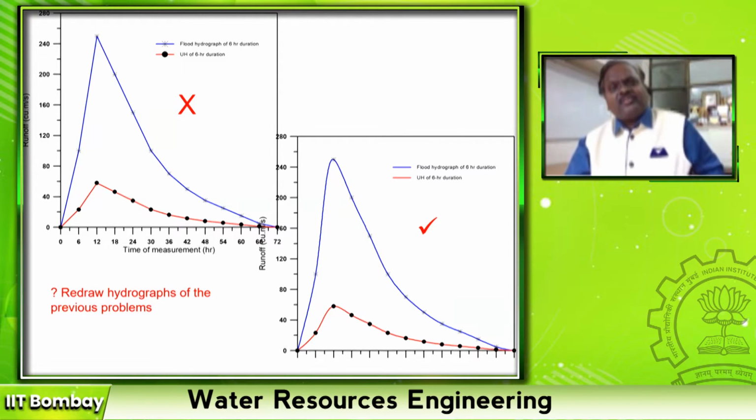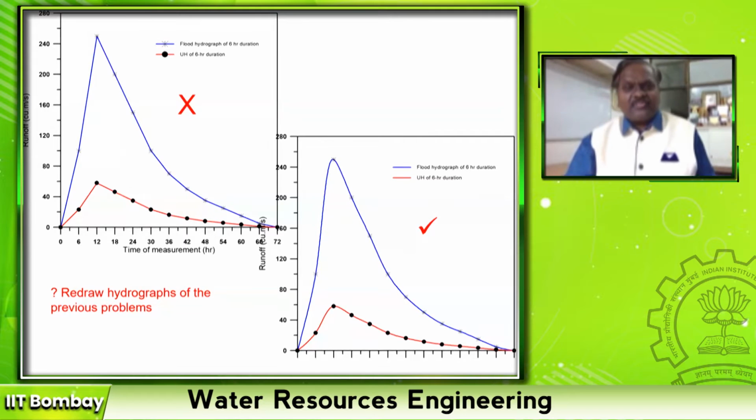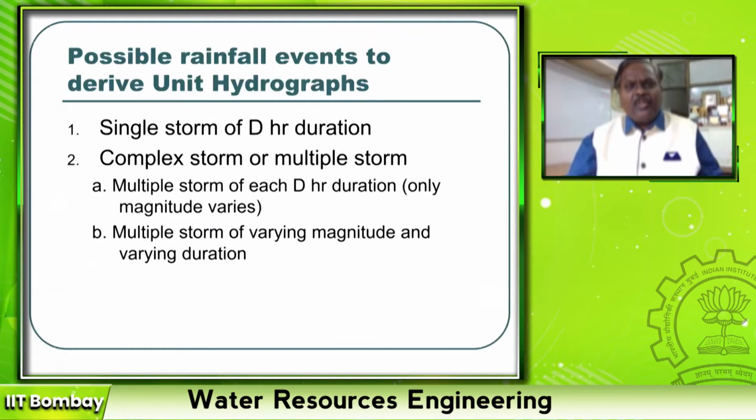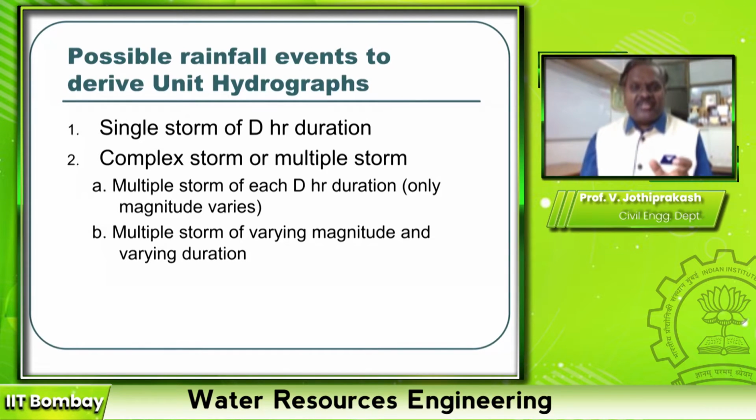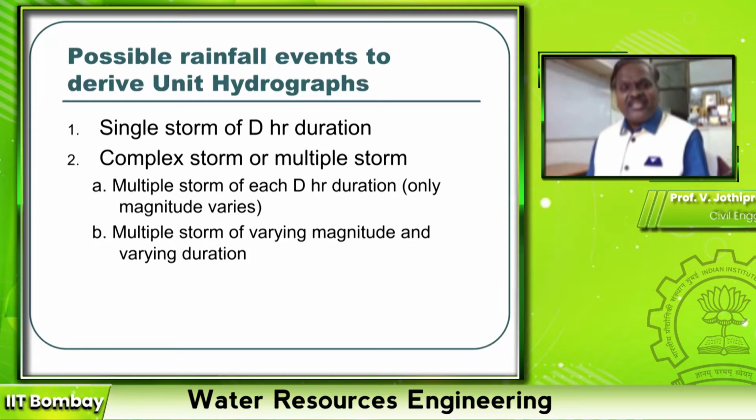Suppose the storm is complex. Let us take the first case, a complex storm. That means there are multiple depths of rainfall, but the duration is constant. Six hours means maybe 3 centimeters in the first 6 hours and 2 centimeters in the second 6 hours.